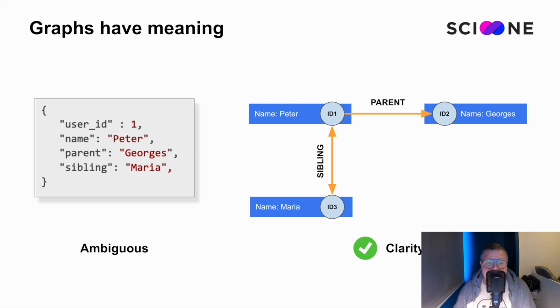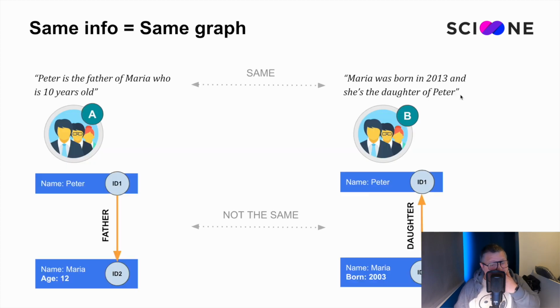Okay, clearly graphs help us with unifying the structure of highly interconnected data. But still a problem persists. Even though two teams will use graphs to express data, given small differences in their inputs or their own understanding, the output will be quite different. Let's see this example. We have two teams.